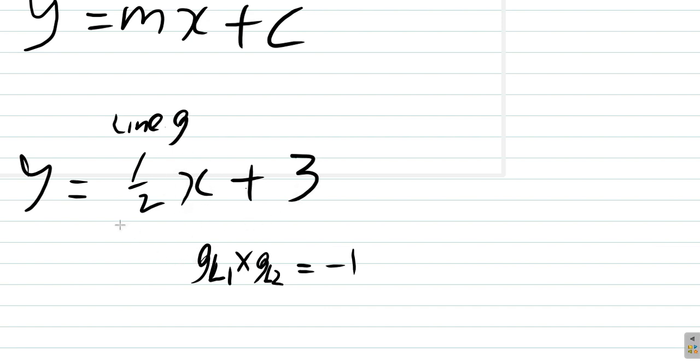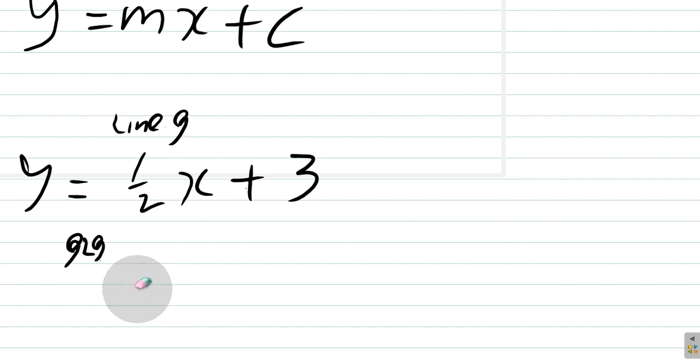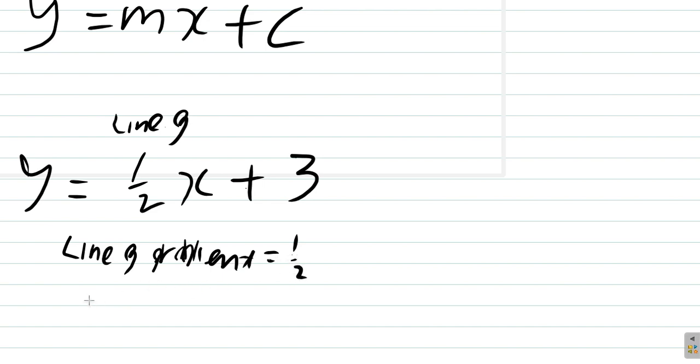So here now, the gradient of line G. You can write it out in plain English if you want. So gradient is equal to a half.